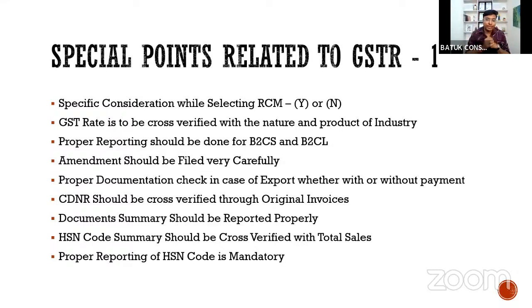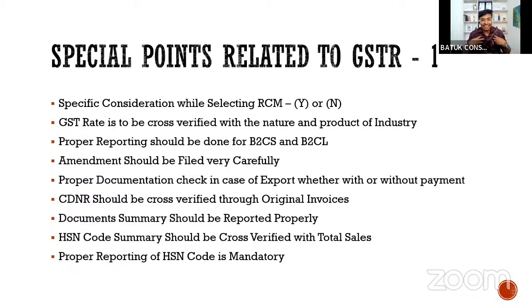So the first point: through the analysis of the nature of the industry, the nature of our client, whenever you get a new client, the first thing is to understand the complete nature of that industry, the exact work that our client is doing. Suppose through that analysis we find that our client is under reverse charge mechanism.